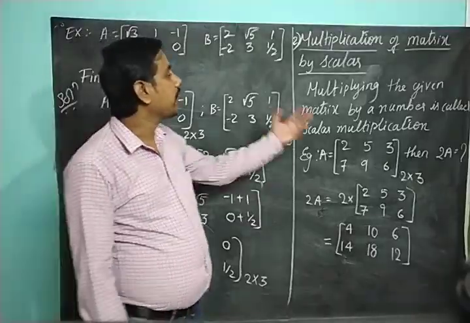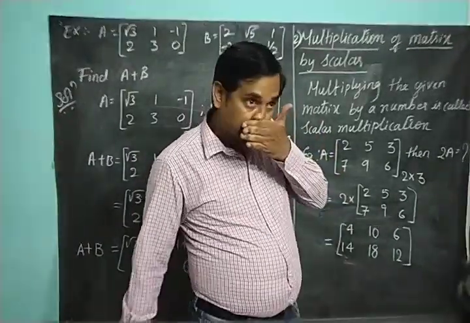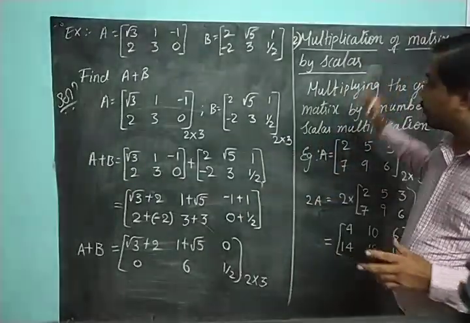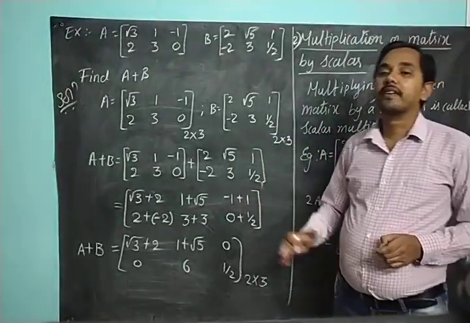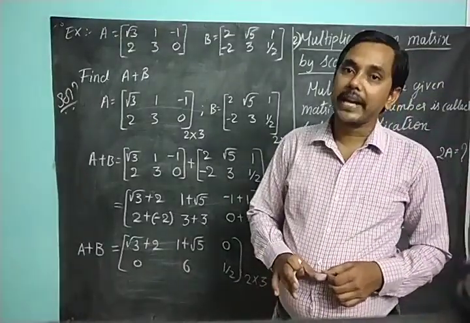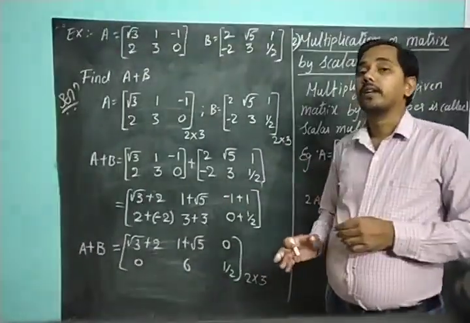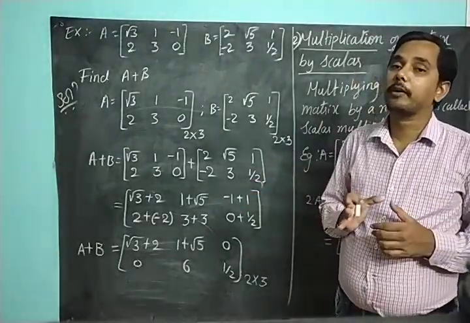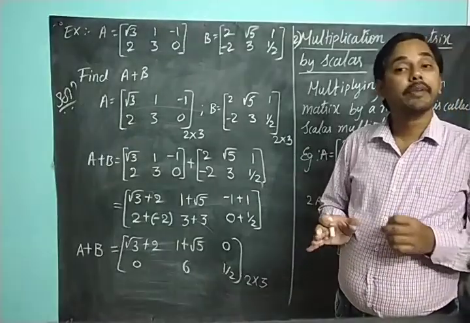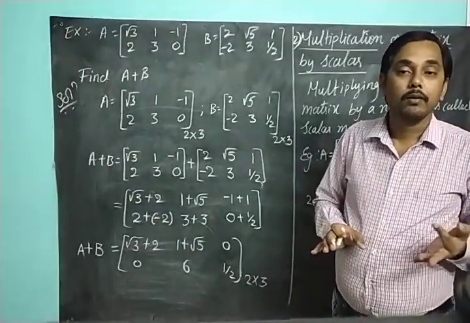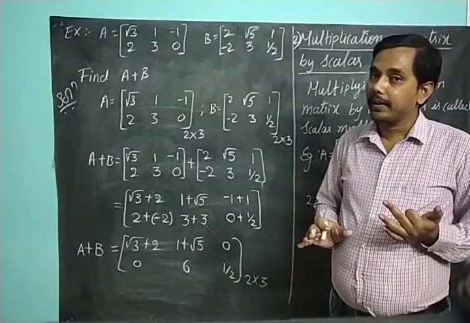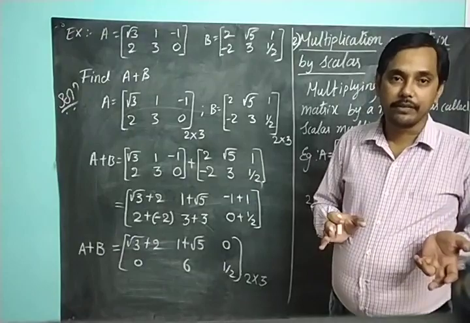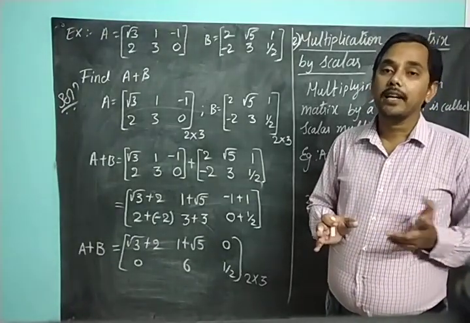Why do we multiply this? Previously I took an example in which certain buses are coming from Delhi and Hyderabad to Mumbai, Pune and Bangalore. What happens if the number is doubled? The result we get is nothing but scalar multiplication.